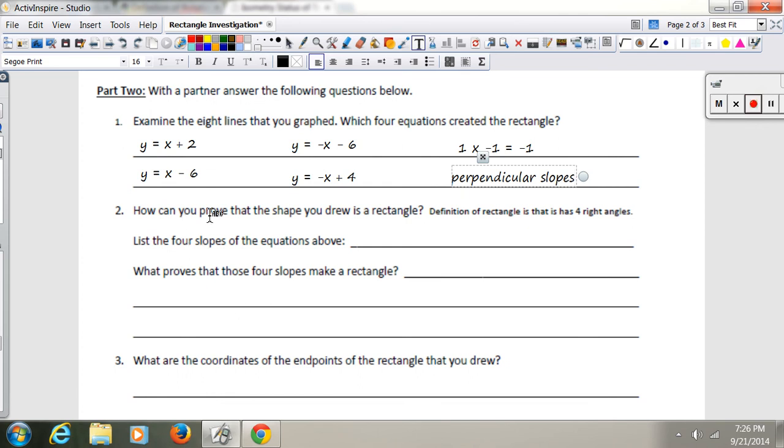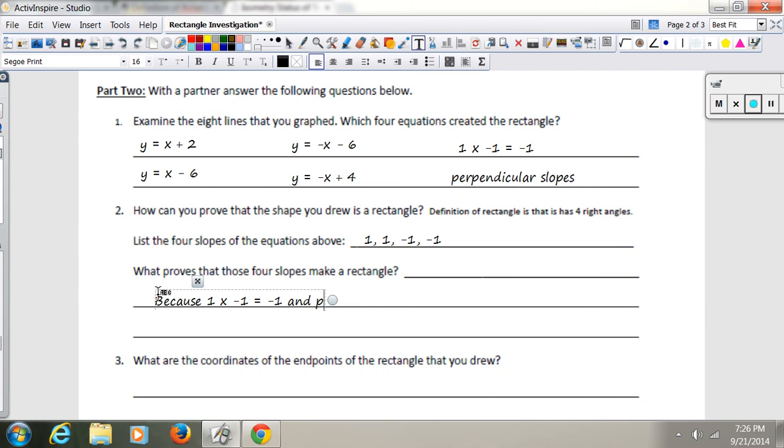How can you prove the shape that you drew is a rectangle? The definition of a rectangle is that it has 4 right angles. Well, list the 4 slopes. Above, you've got a slope of 1, another slope of 1, a slope of -1, and another slope of -1. What proves that those 4 slopes make a right angle? Because 1 times -1 equals -1.